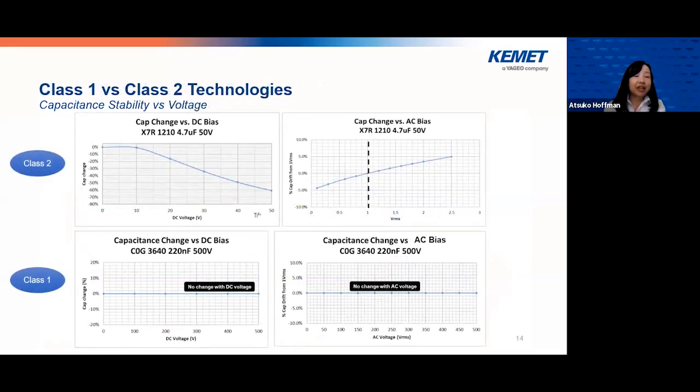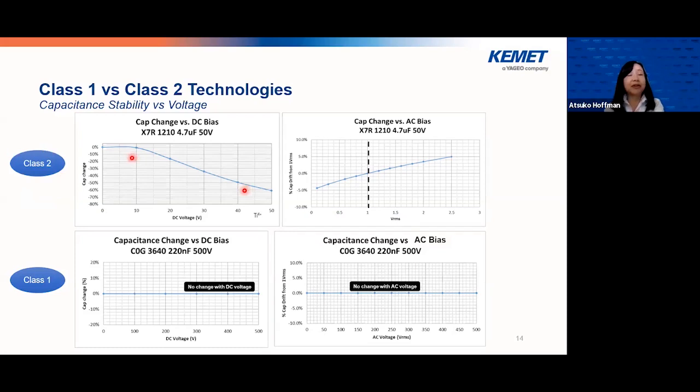Now let's take a look at stability over voltage. For class 2 dielectrics, especially X7R and X5R, we all know that there is a DC bias effect. If you apply a DC voltage to the capacitor, you gradually lose capacitance, and it is because it's material dependent.